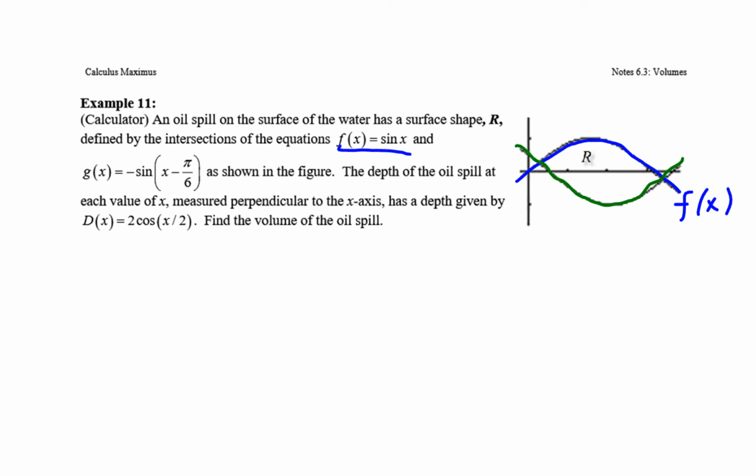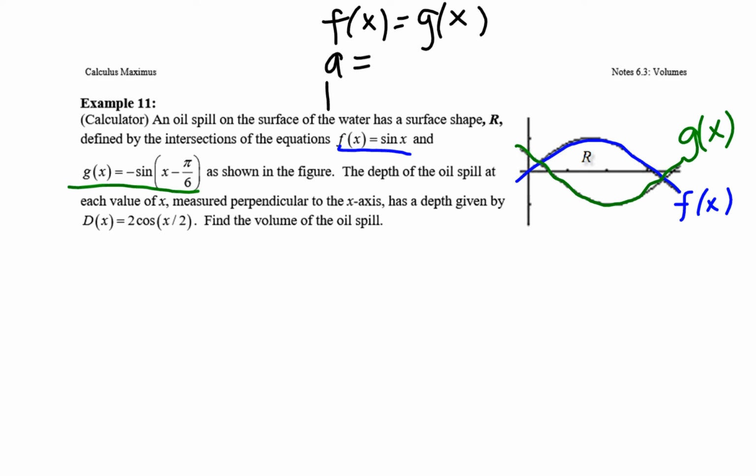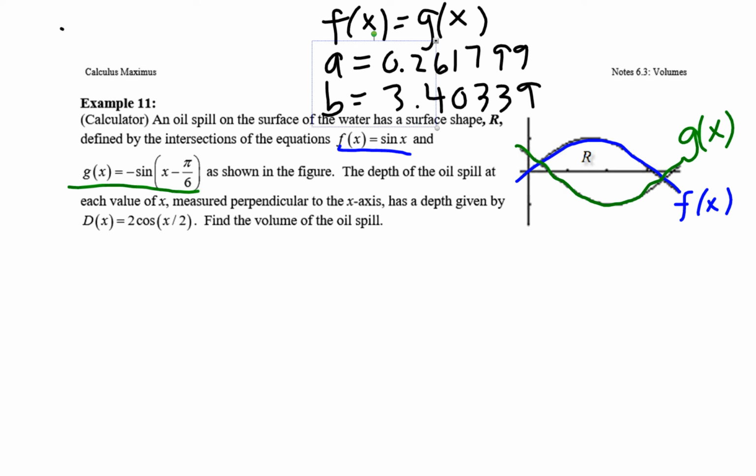This is going to be my g of x function. We're going to need to figure out where f of x equals g of x. Use your calculator for that and label it so we can use those values later. I think that this is what it is. Okay, so we have that A and B value.